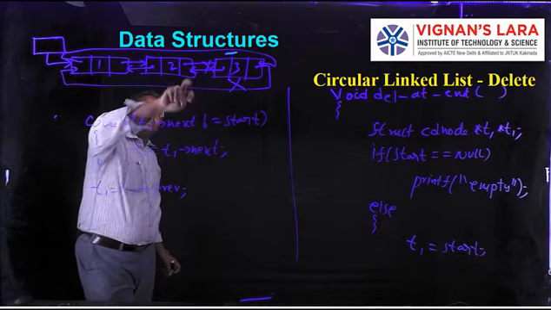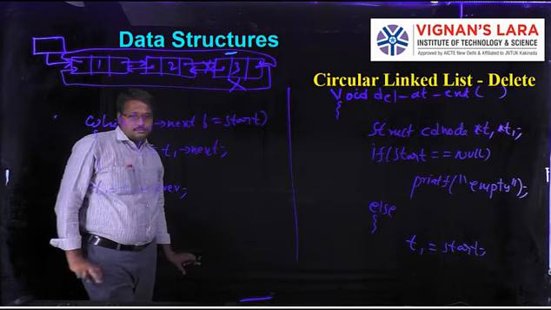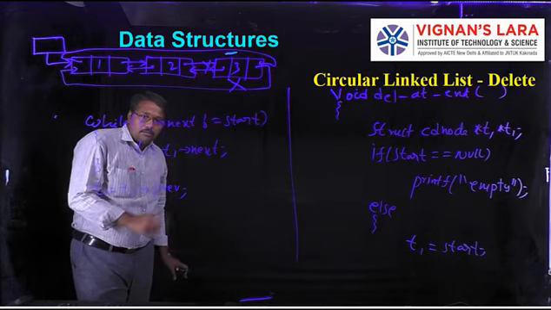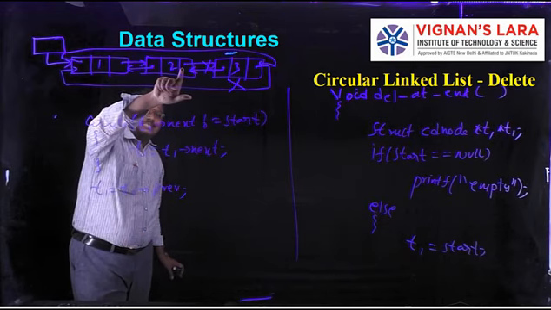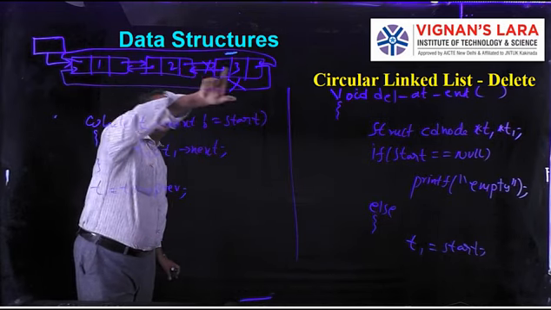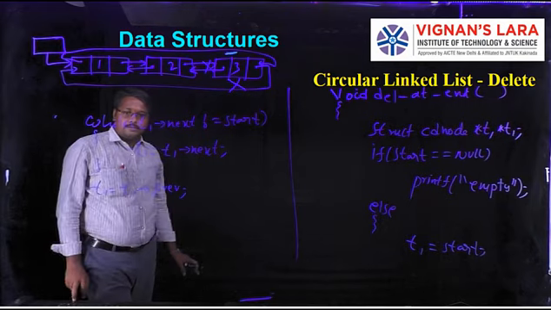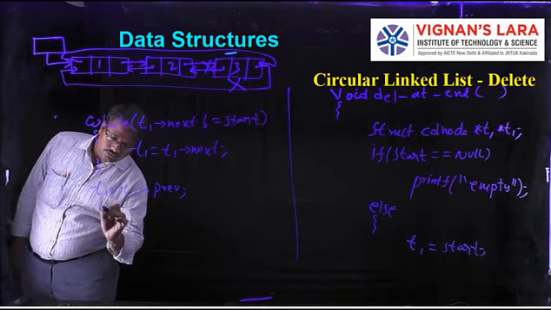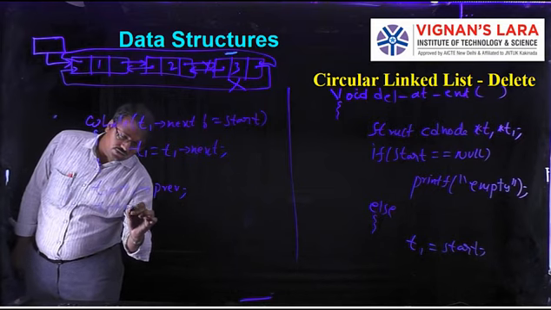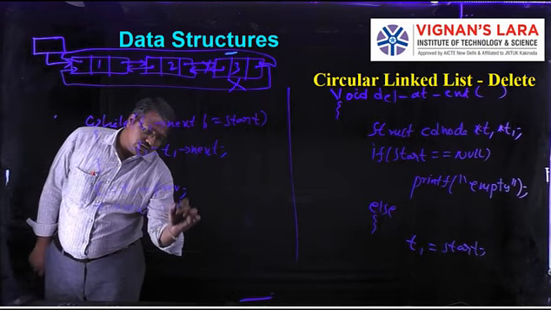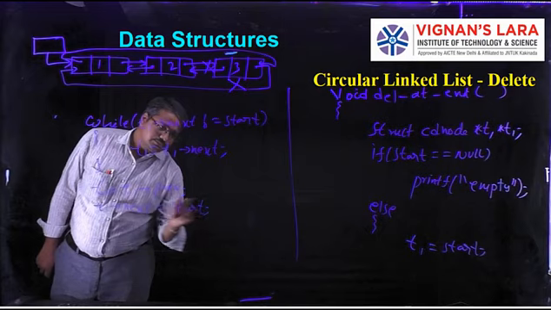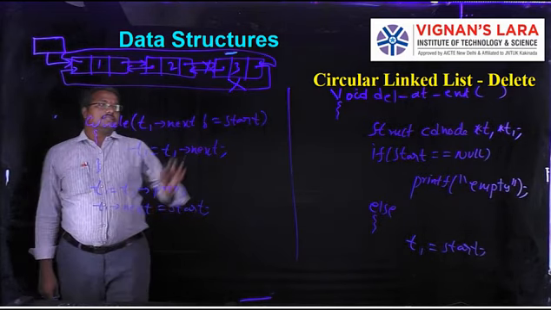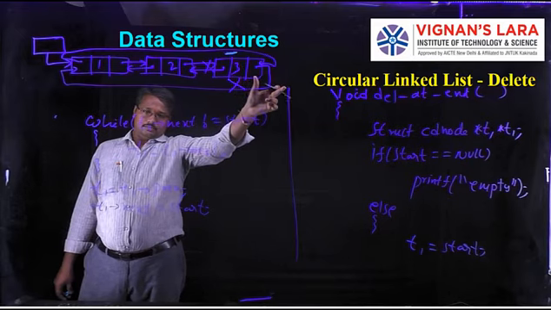After that, what I have to do? Here I want to make it as null in general. But right now in the circular double linked list, last node next field address having starting node address. So what I have to do is T1 of next is equal to start. One thing is over. Means this node is disconnected.